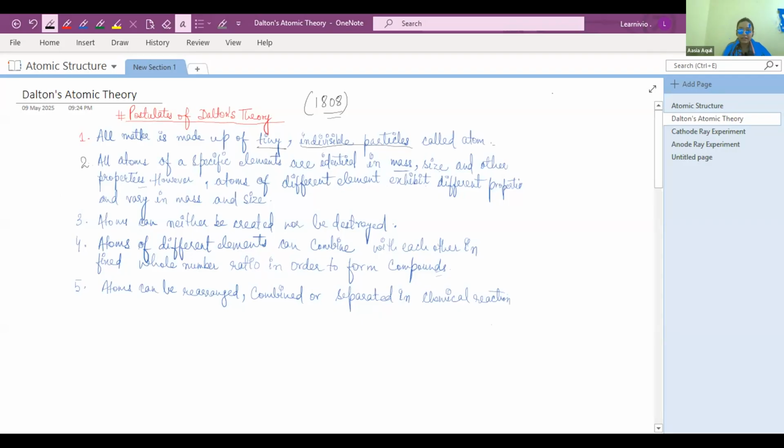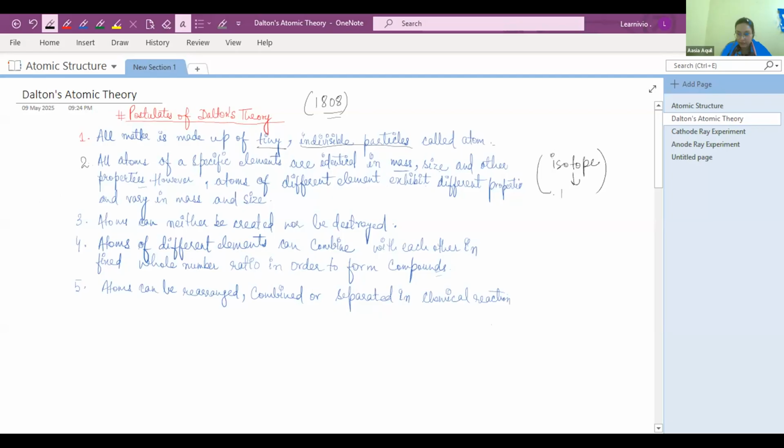And when we talk about the atoms of different elements, they exhibit different properties and vary in mass and size. But he didn't tell about isotopes and isobars. Isotopes are those substances which have the same atomic number but different atomic mass.